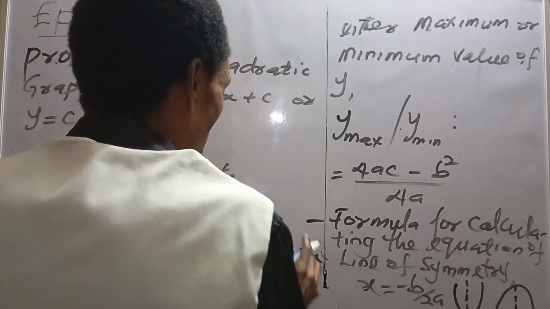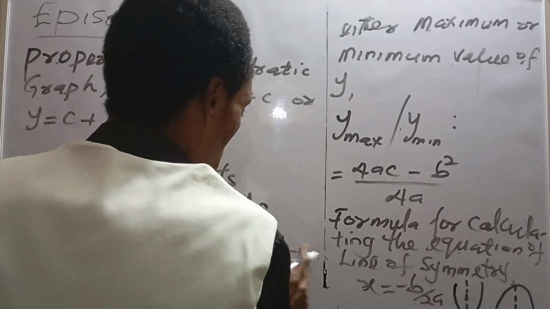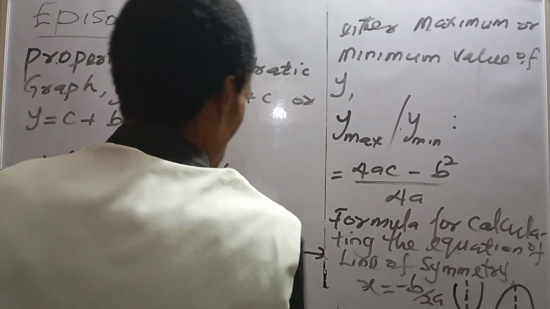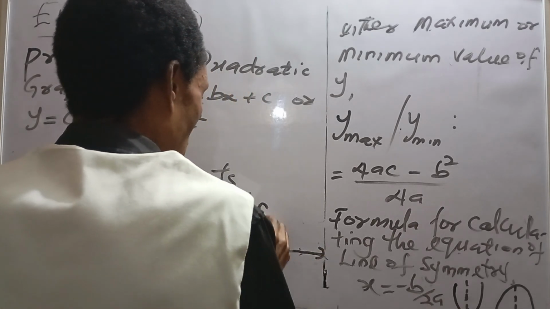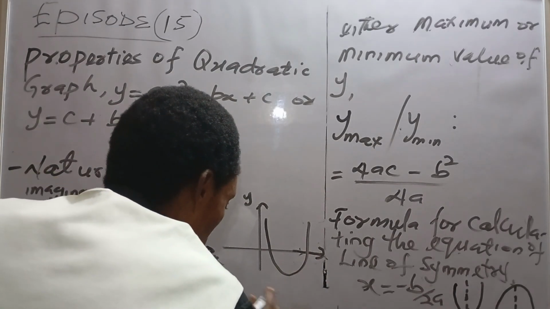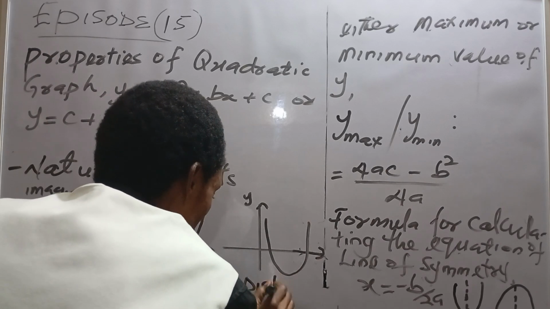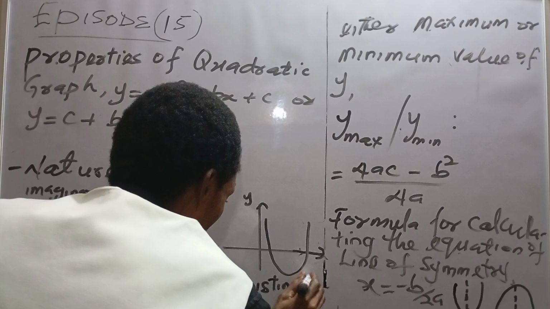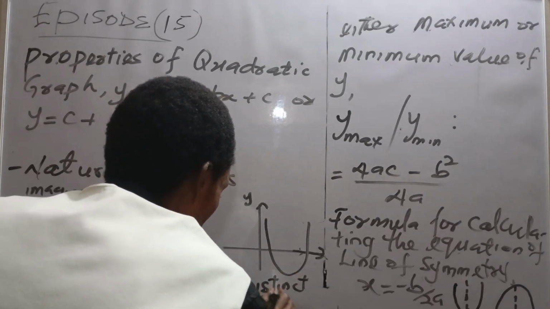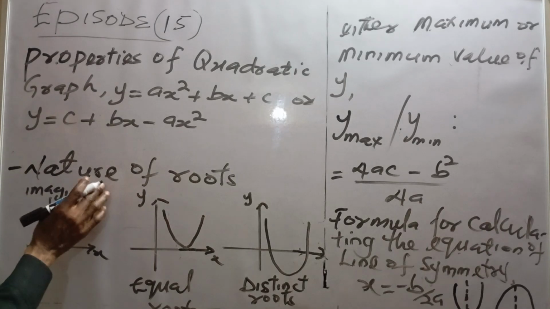Then here now, let's also increase this one a little bit. Then let's assume that it passes like this. Okay, this one is a distinct root. Here we have a distinct root. Okay, this one is imaginary.